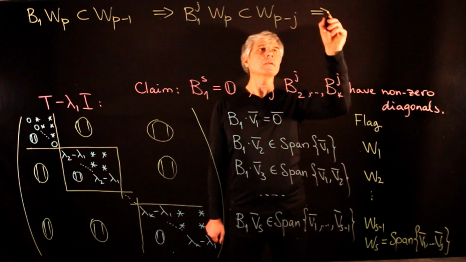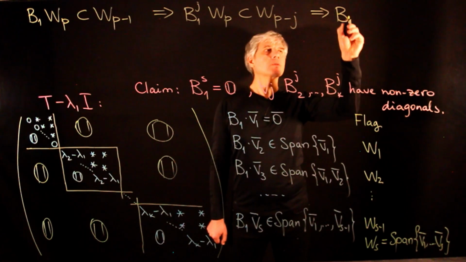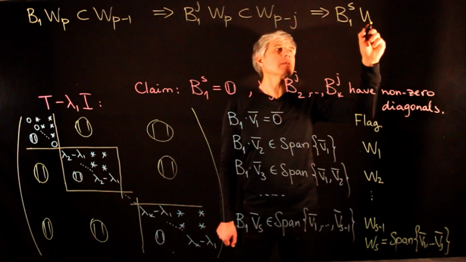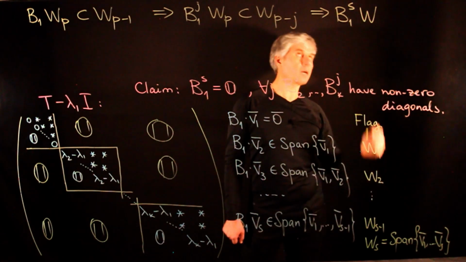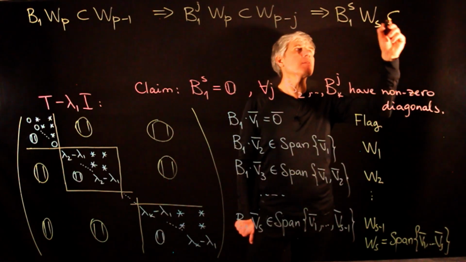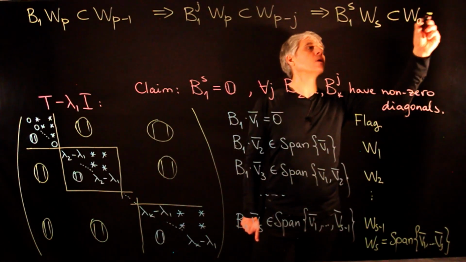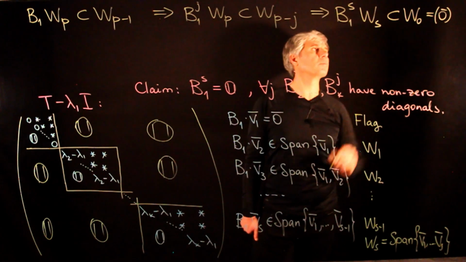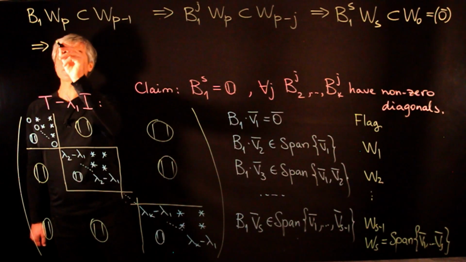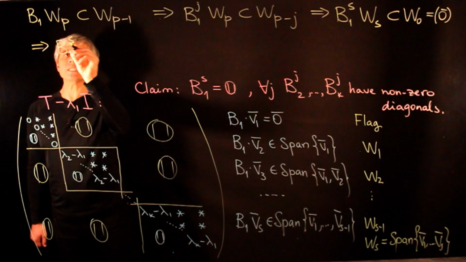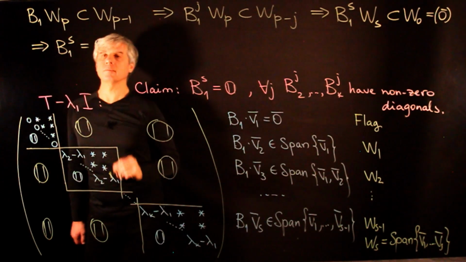And then, if we take b1 to the power s and apply it to the largest space ws, we see that the result is in w0, which is the zero space. So this tells us that b1 to the power s is a zero block.